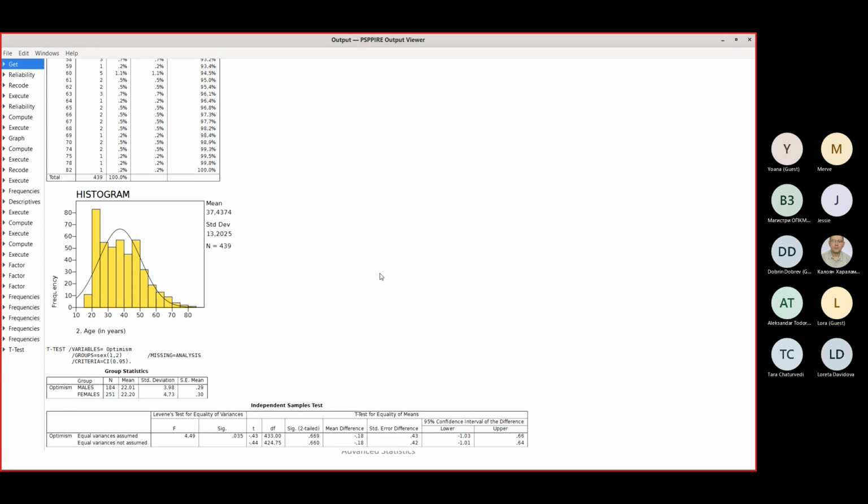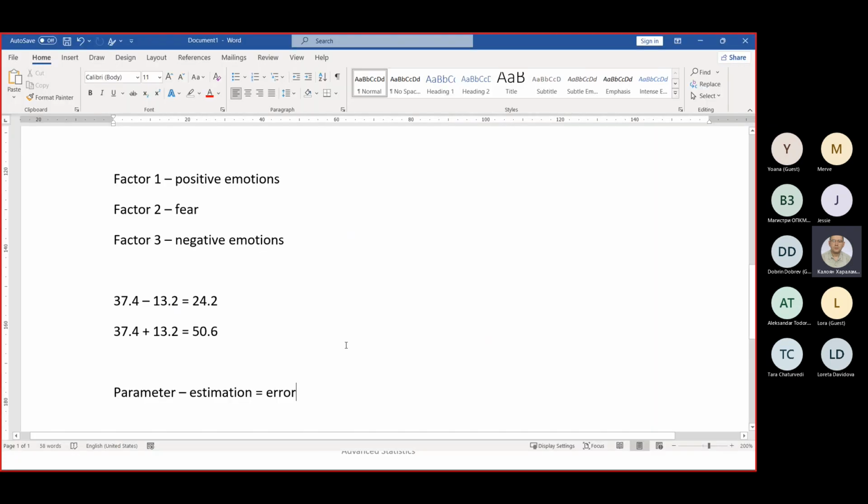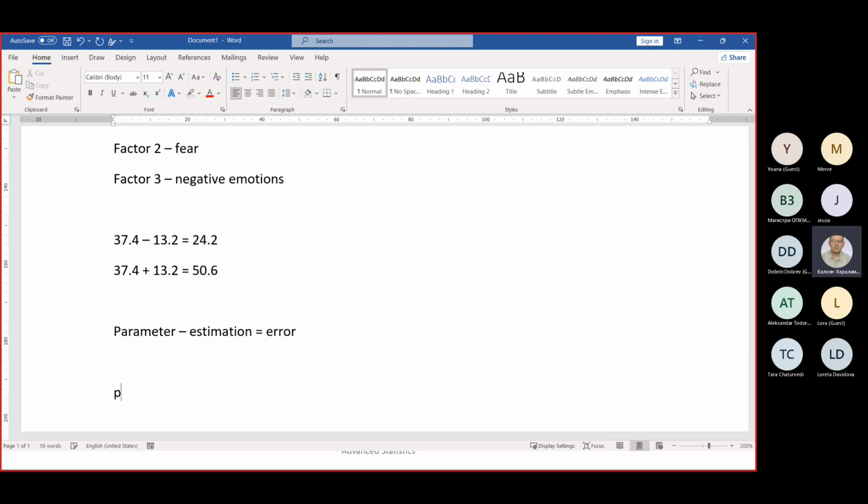However, usually in publications, this Sig is not used. Usually, we denote this significance level with a small letter p. P or p-value is the symbol which we use for significance level.